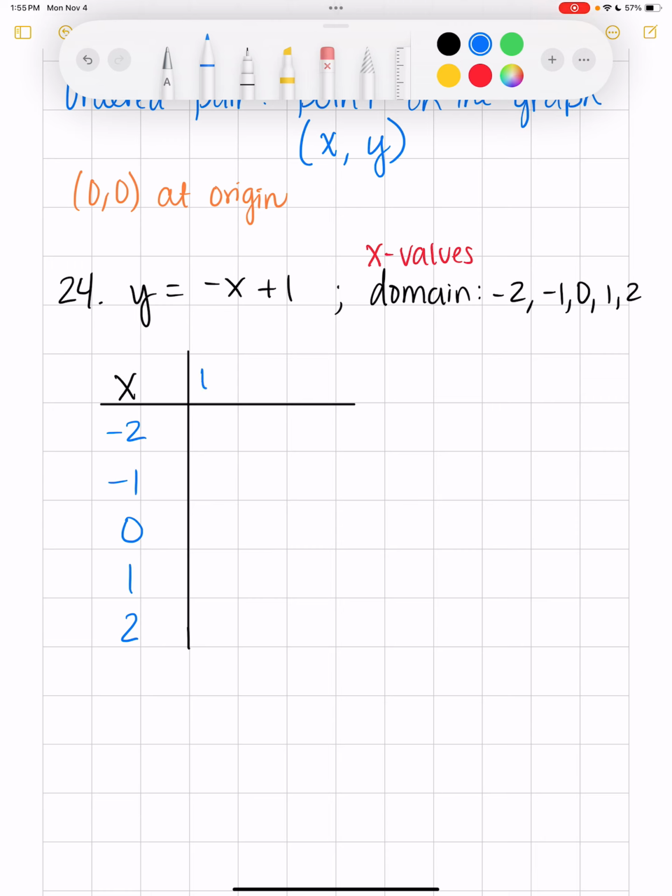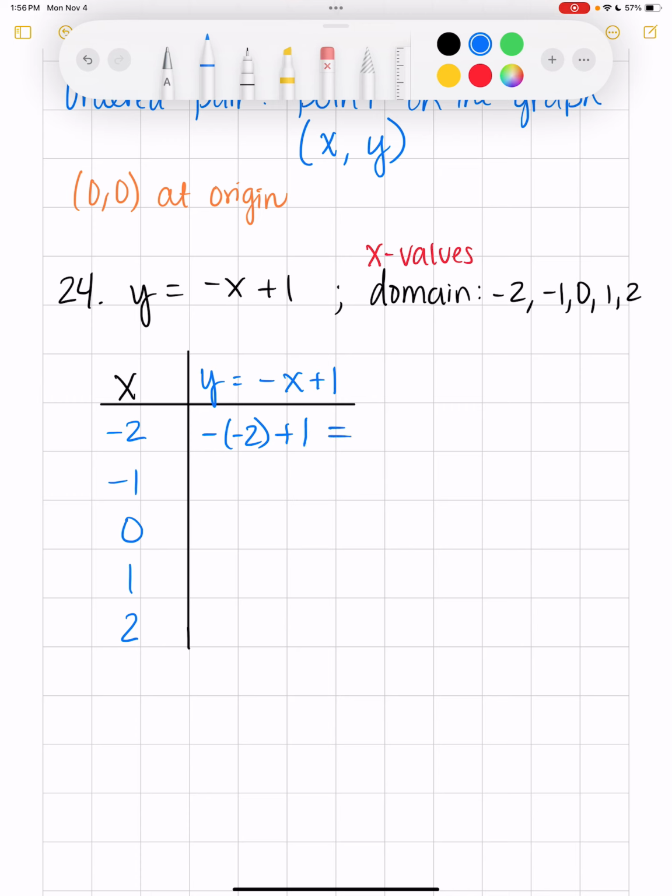So y is this equation, negative x plus 1. What I do is plug in the number for x. So I have negative, but the number I'm plugging in for x is negative 2, and then plus 1, and I'm saying what that's equal to.